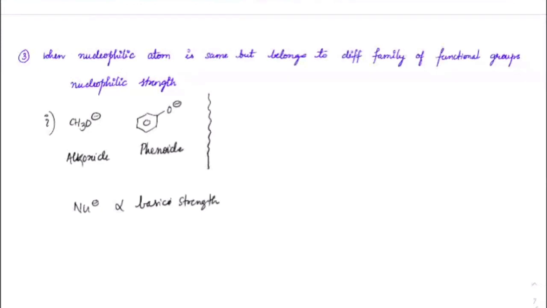In short, you know that the phenoxide ion will be resonance stabilized here. You have done all of this in GOC already, right? So it would be resonance stabilized throughout this molecule and so on. Because of this resonance stabilization, it would have less tendency to donate electrons.